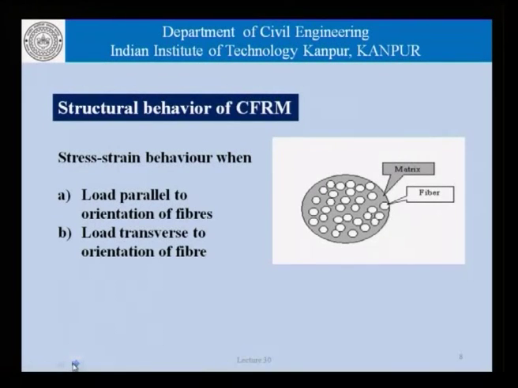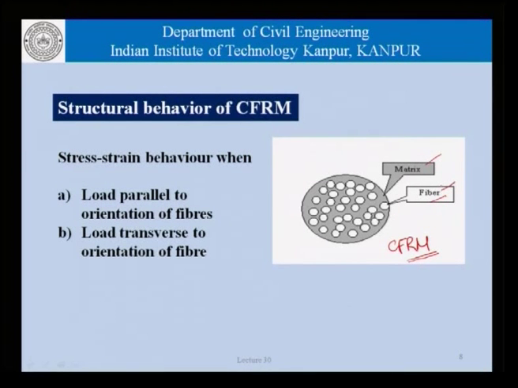We had talked about the fact that a CFRM can be looked upon as fiber embedded in matrix, and the properties of this CFRM could be varied by varying the type of fiber or its content, that is the volume of the fiber in the matrix.